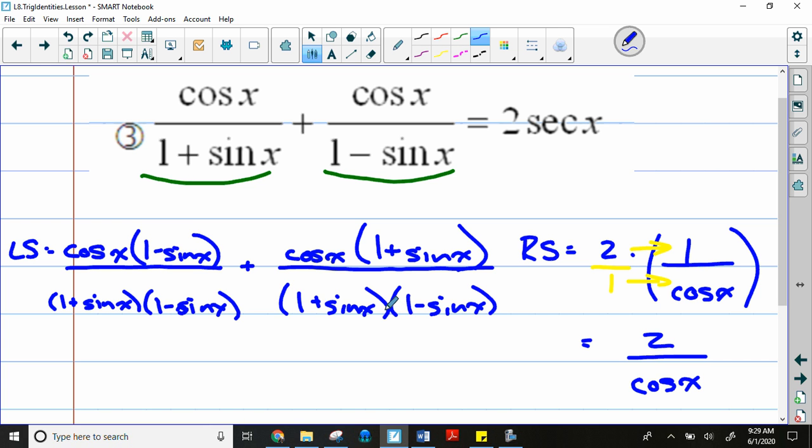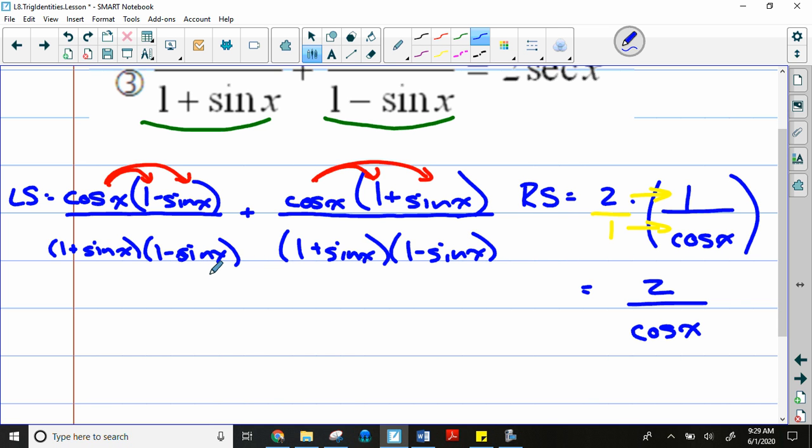And all I think I'm going to do for this step, I don't know if this is going to help us. I'm a little bit worried about this move. But I think it is going to, yep. Okay. What does this give us? That gives us cos times 1 is cos x.